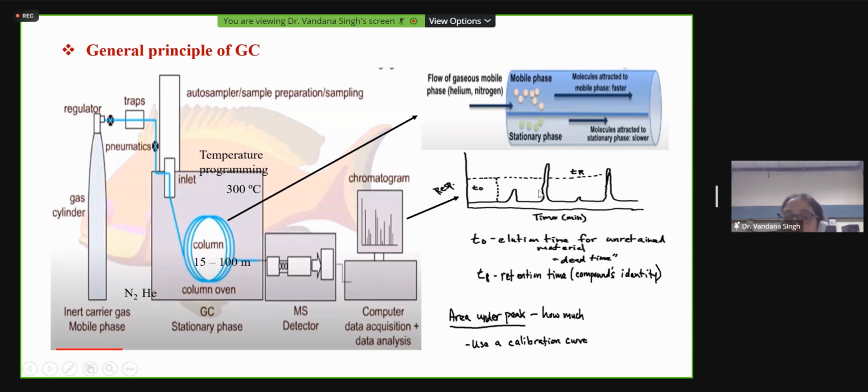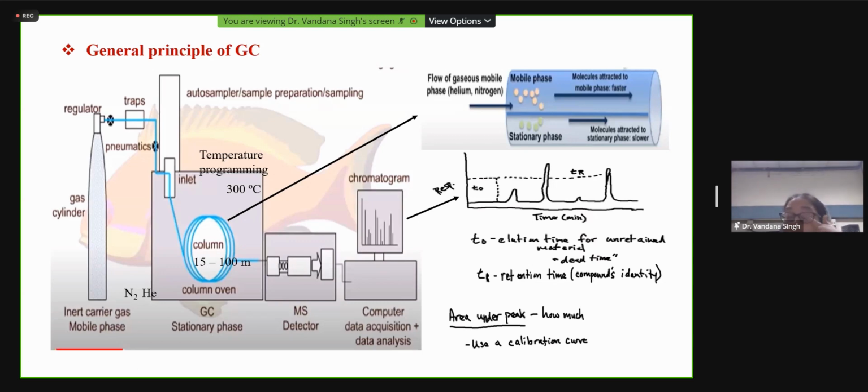Then how do we know the concentration of our analyte in the sample? The concentration depends on the area of the peak. This area is proportional to how many times a particular analyte is hitting the detector. So a larger area, or a higher peak, means a higher concentration of the analyte is present.